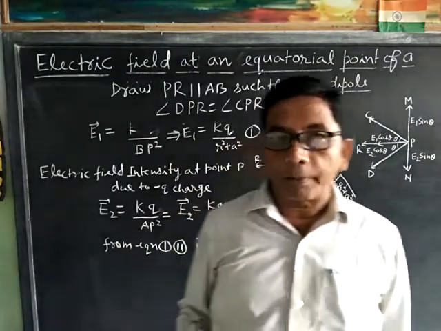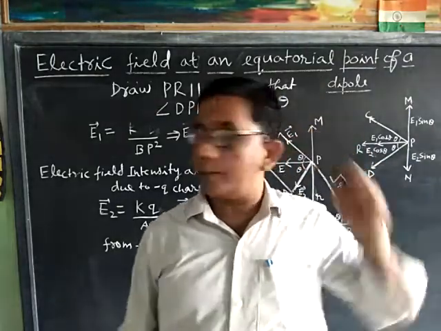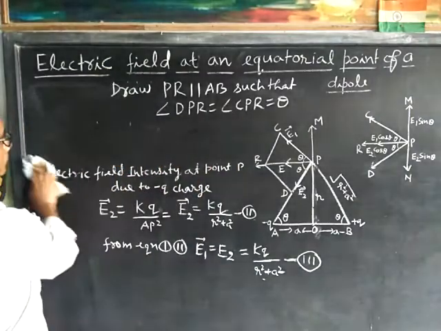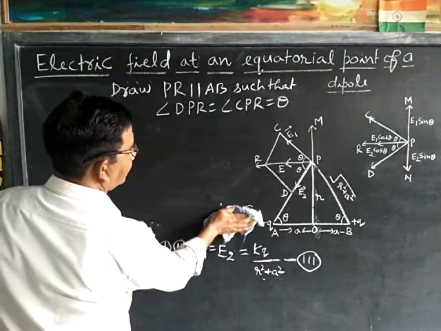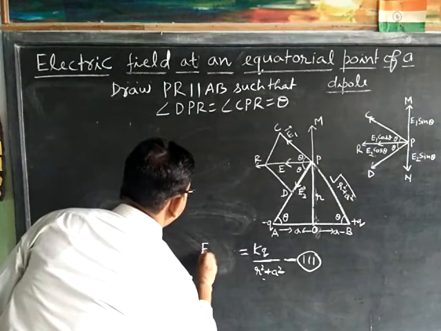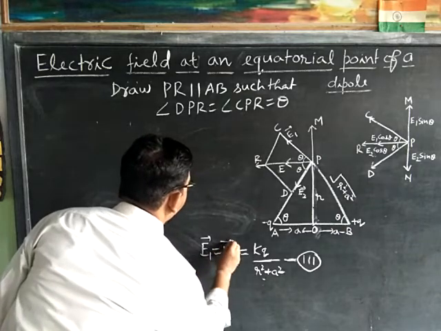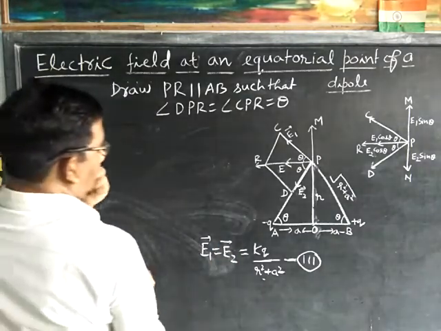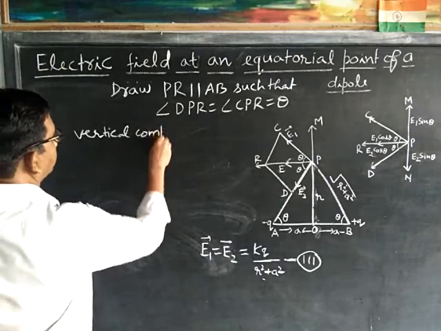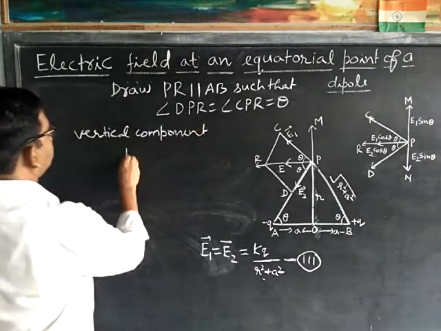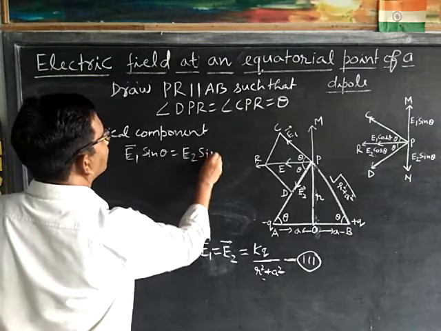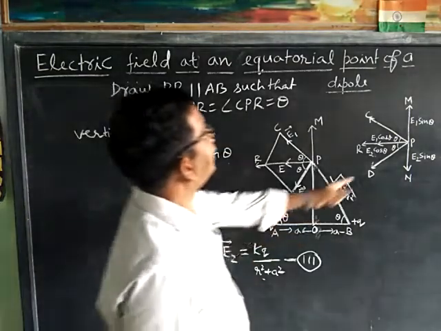The resultant perpendicular component cancels out. Vertical components E1 sin theta and E2 sin theta are equal and in opposite directions.